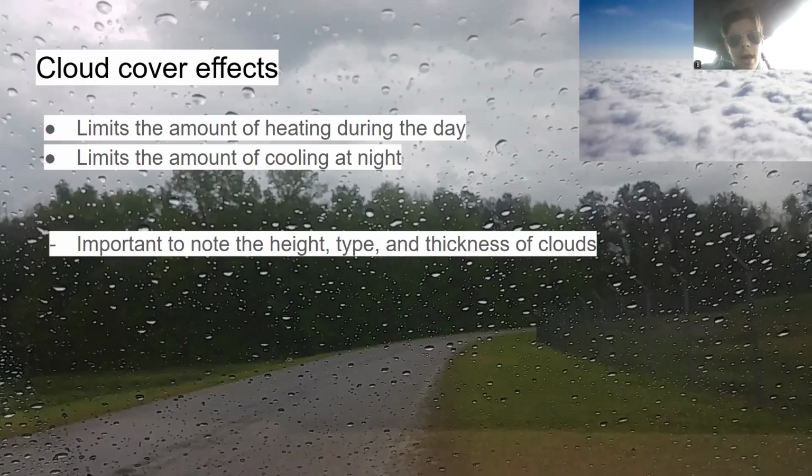But if we have cloud cover, we are limited in how much we can heat up and how much we can cool down at day and night. You want to note the height, type, and thickness of these clouds.